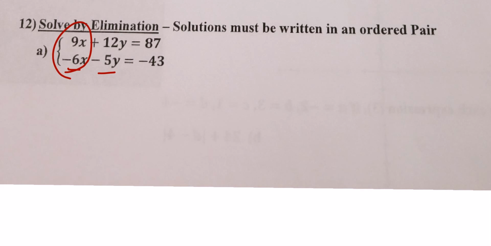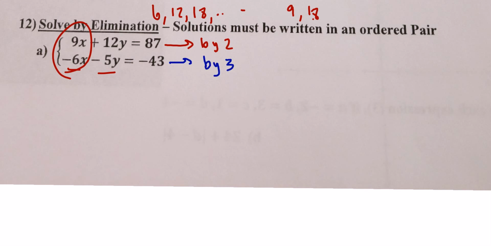So the multiples of 6 are 6, 12, 18, and on. Or the multiples of 9 are 9 and 18. And look, 18 is the least common multiple. So I'm going to multiply the top by 2. I'm going to multiply the bottom by 3. Because I want to turn this into negative 18. I want to turn that into positive 18.